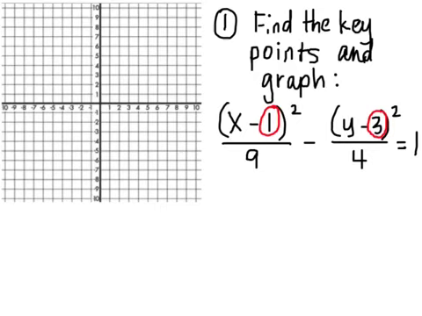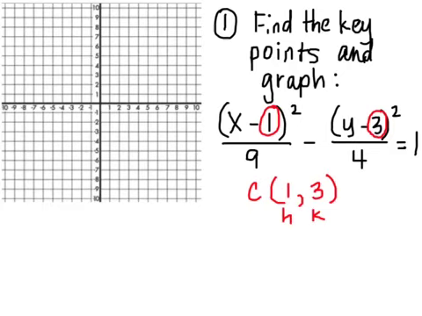And then your center, in this case, will be (1, 3), always h and then k. The formula already has x minus in it and y minus in it, so you use the opposites of those. If it was plus 3, you would use negative 3 as your k.